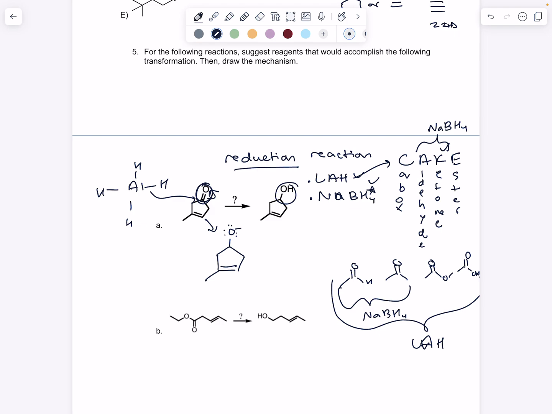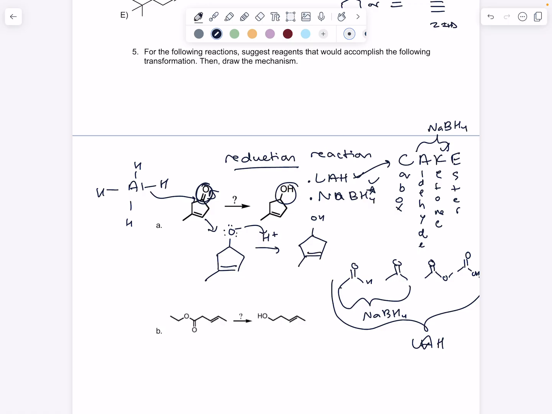And then we ask ourselves, okay, always after our initial nucleophilic addition to this carbonyl, what happens next? Can our carbonyl recover and kick out a leaving group? There's no good leaving groups here. So then we would have to add acid, and that would get us to our final product.